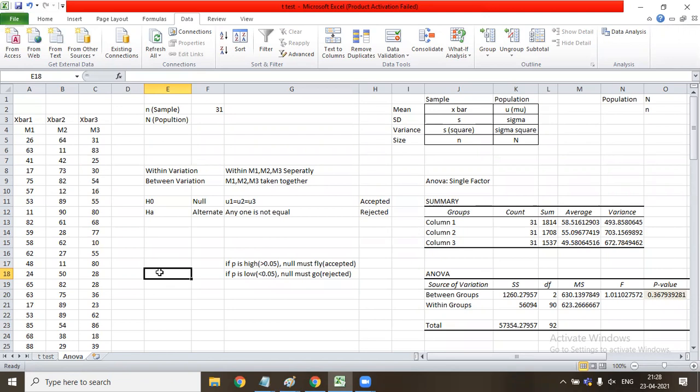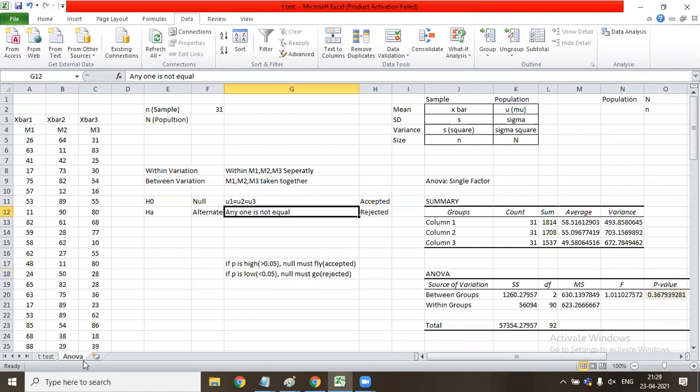Let's say these are the variables of a data set, and let's assume that we have to reject the null hypothesis. Then what do we do with this information? This means that when you are working with the population, the means will not be equal.